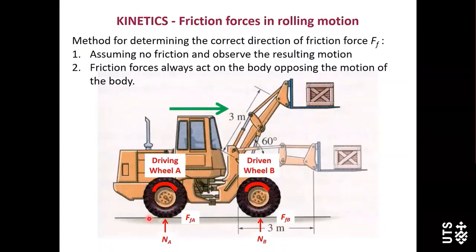Firstly, we assume no friction between this wheel and the ground. If no friction, what will happen? This is the driving wheel. The wheel will rotate about this axis without moving forward, isn't it? So it will be a rotation about a fixed axis.